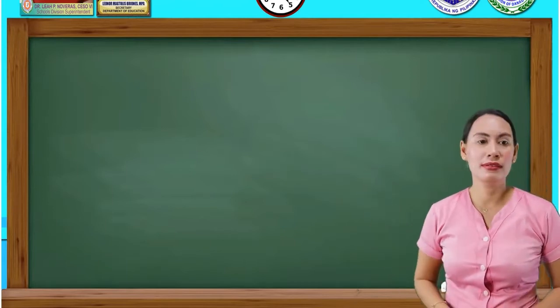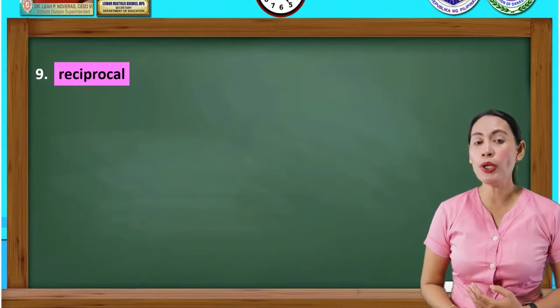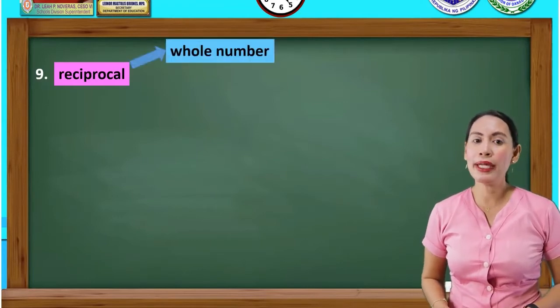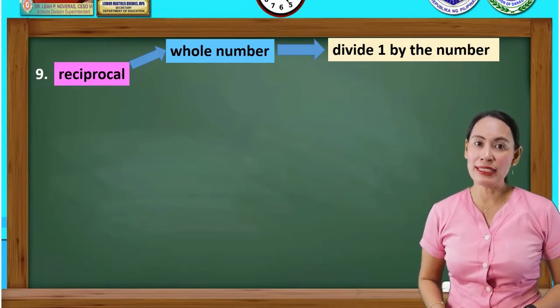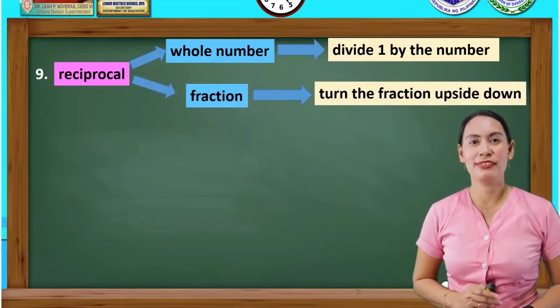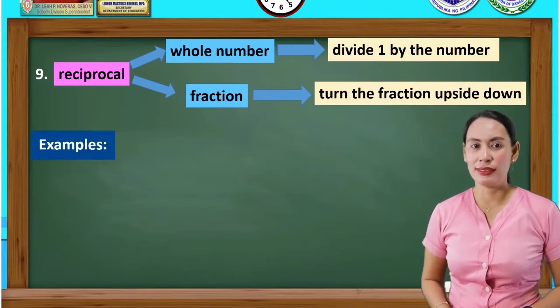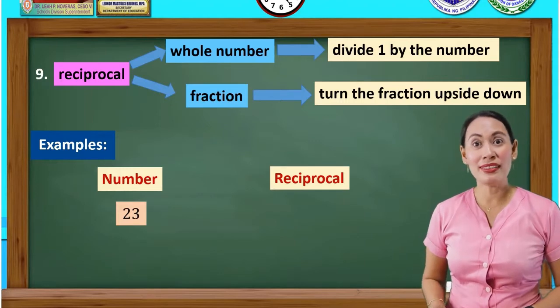Number 9, reciprocal. To get the reciprocal of a whole number, divide 1 by the number. Or, if it is a fraction, just turn it upside down. Examples. If the number is 23, what is the reciprocal?